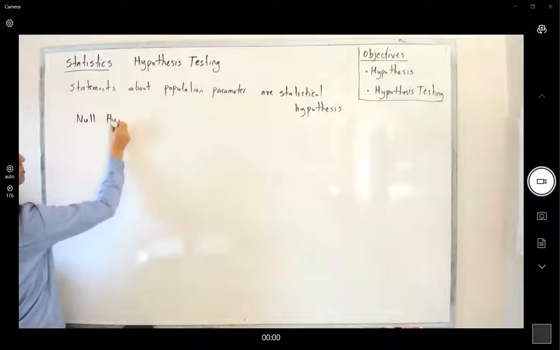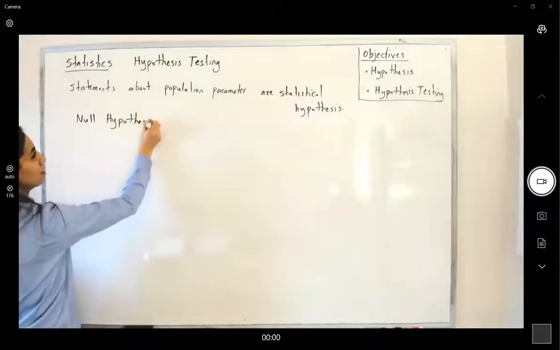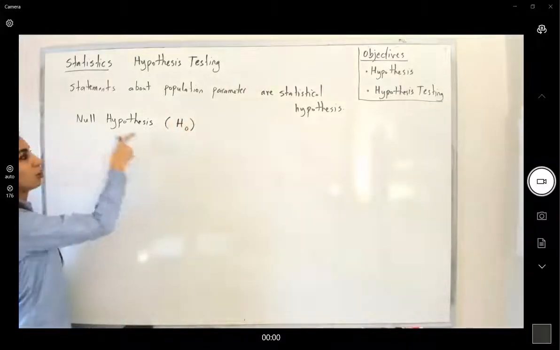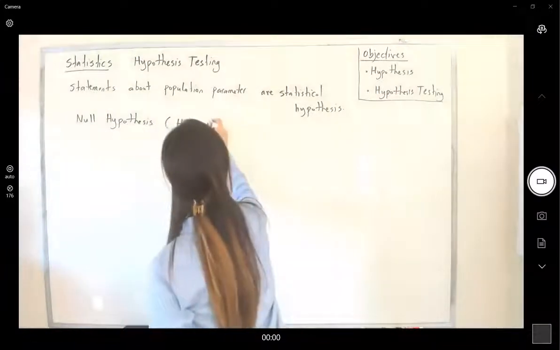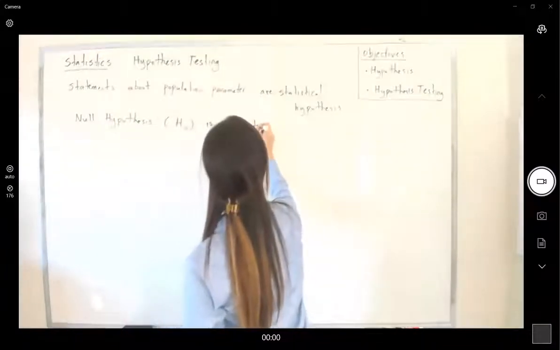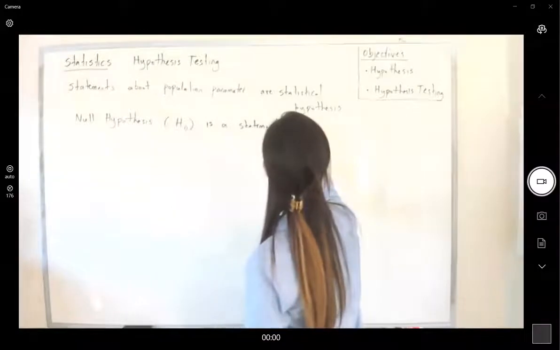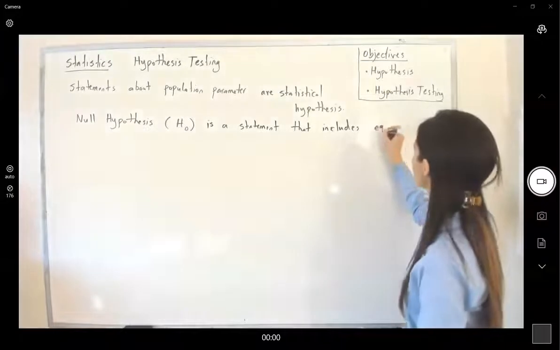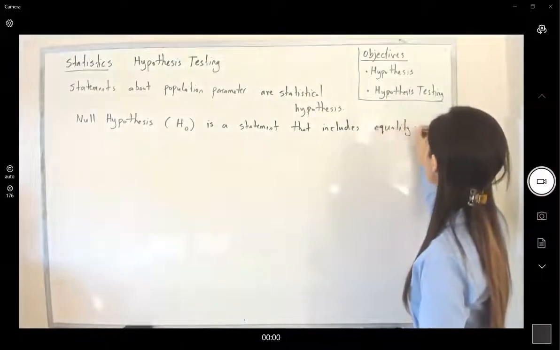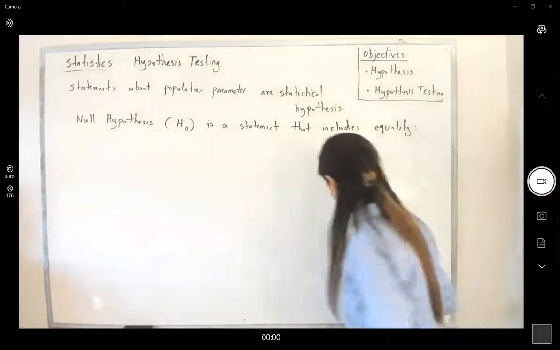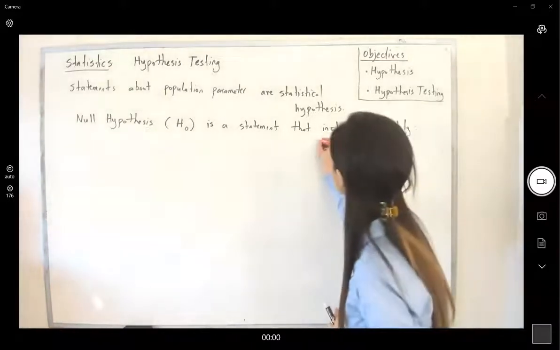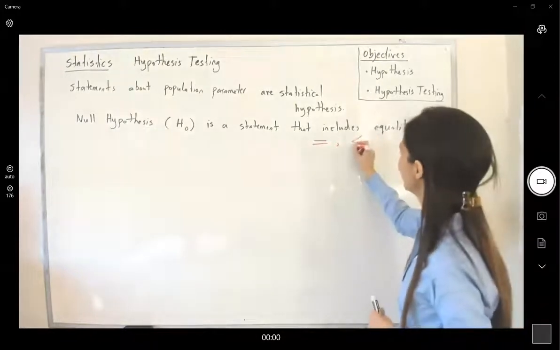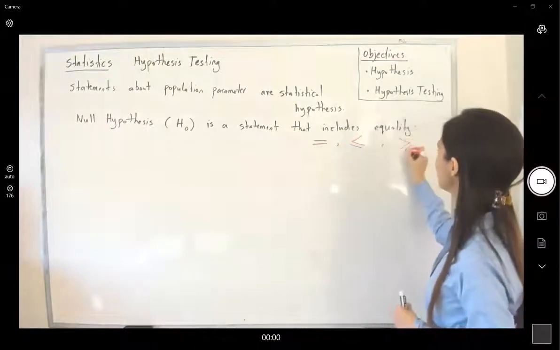The null hypothesis, which is denoted by H sub 0, is a statement that includes equality. Equal to, less than or equal to, or greater than or equal to.